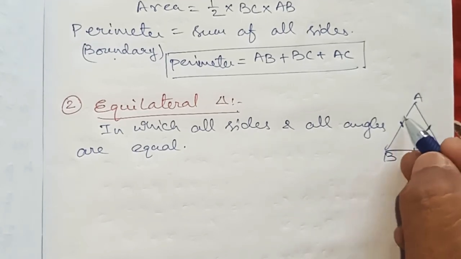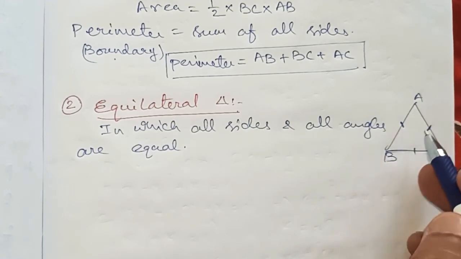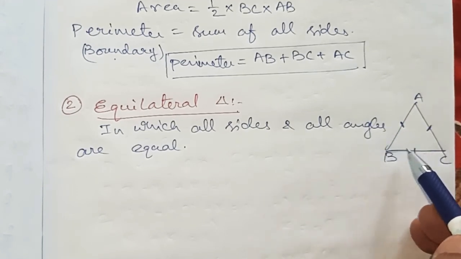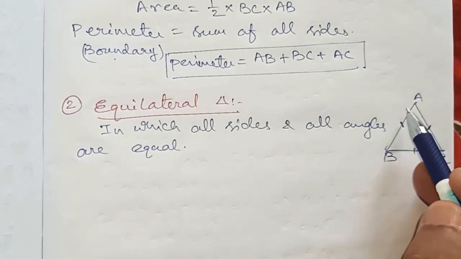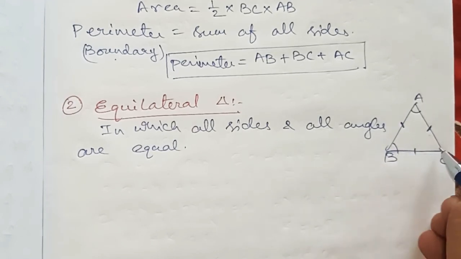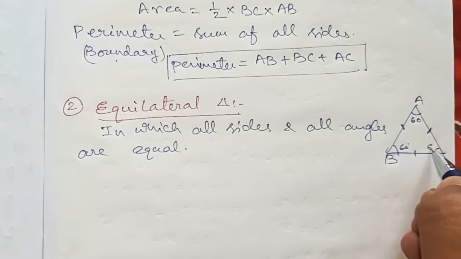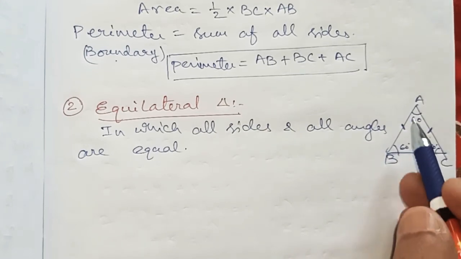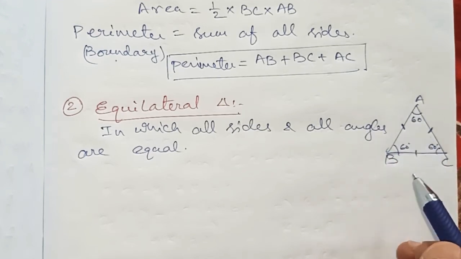Suppose this is 5 centimeter, this also will be 5 centimeter, this side also 5 centimeter. Or suppose this is 10, this is also 10, this side is also 10. And all angles are equal, that means if this is 60, this is also 60, this is also 60. It is confirmed that you will get each angle 60 degree, not more than 60, not less than 60, remember.